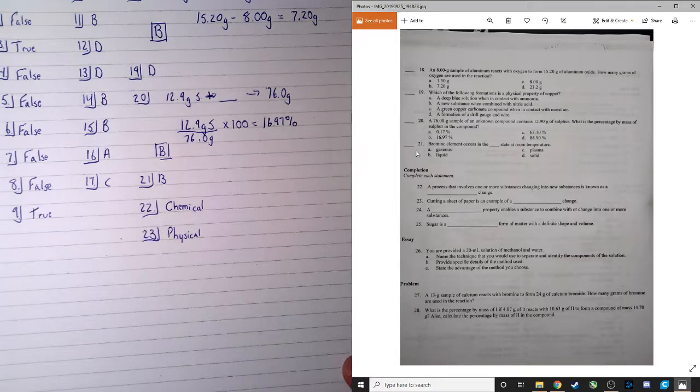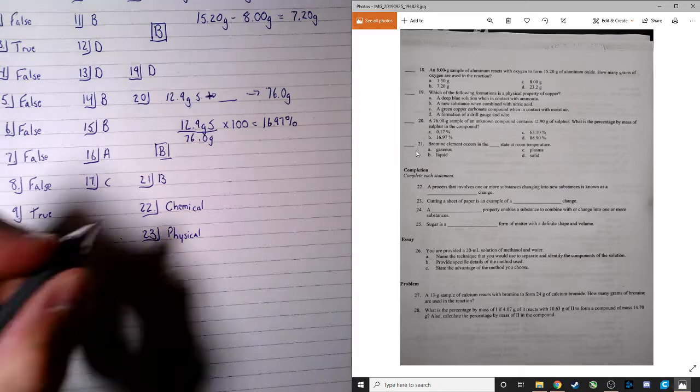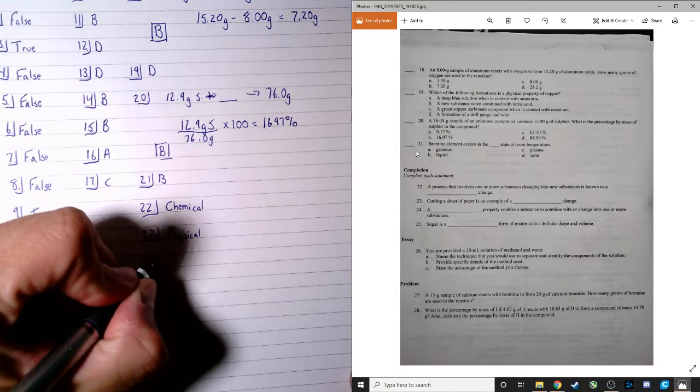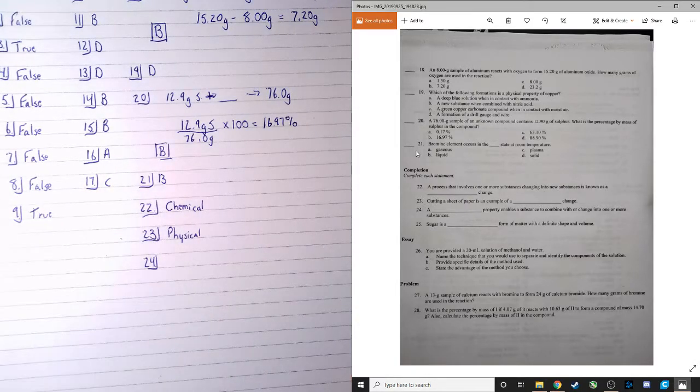That is physical. It is still the same piece of paper, just in a smaller proportion. 24. A blank property enables a substance to combine with or change into one or more substances. This is a chemical property.